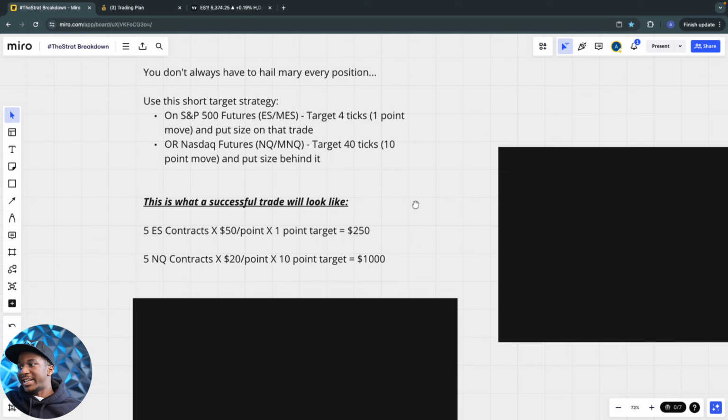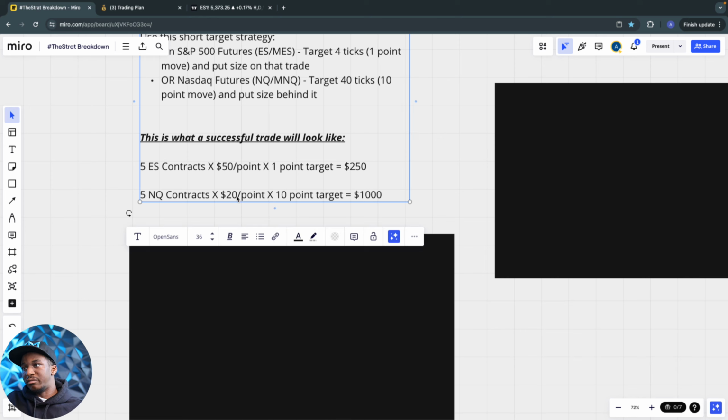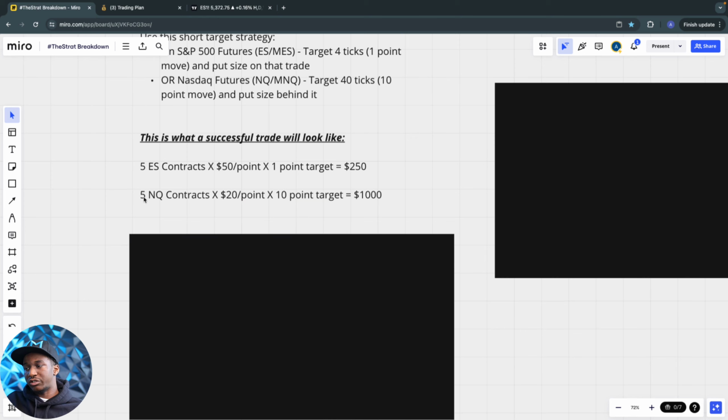So this is what a successful trade would look like. Let's just say, for example, we have 5 ES contracts. That'll be roughly $50 a point per contract. So if you get 1 ES contract and price goes up $1, you make $50 for that contract. If we get 5, then 5 times 50, we make $250. If we get 5 NQ contracts, each NASDAQ contract makes $20 a point.